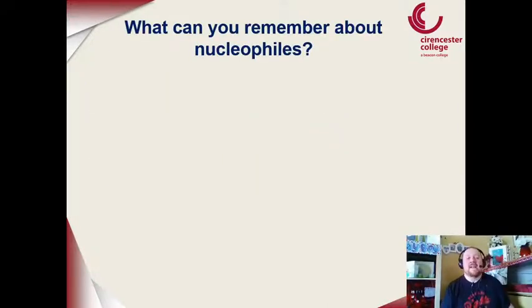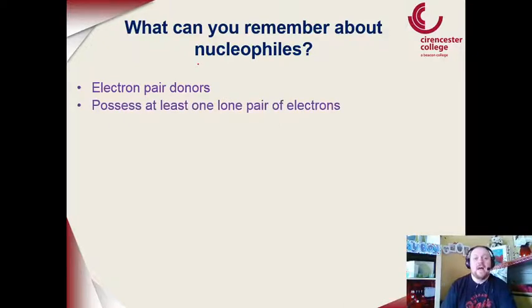So, welcome back. What are things you can remember about nucleophiles? Nucleophiles are things that have lots of electron density, and they like areas of positive charge. They are usually electron pair donors, and they will have at least one lone pair of electrons.